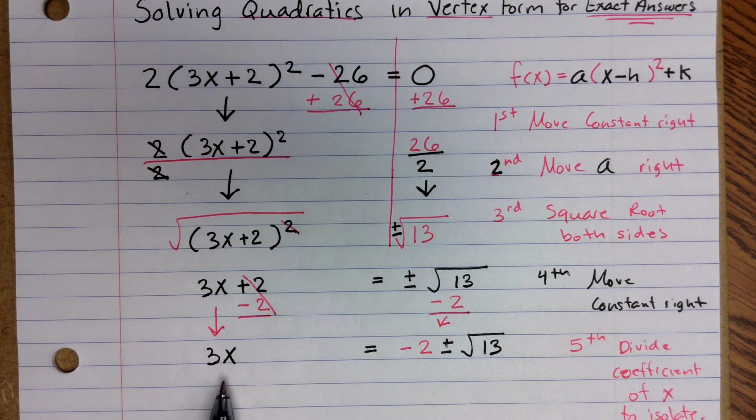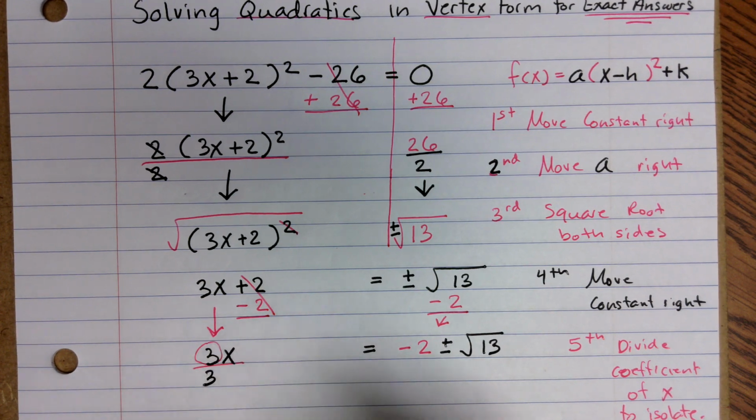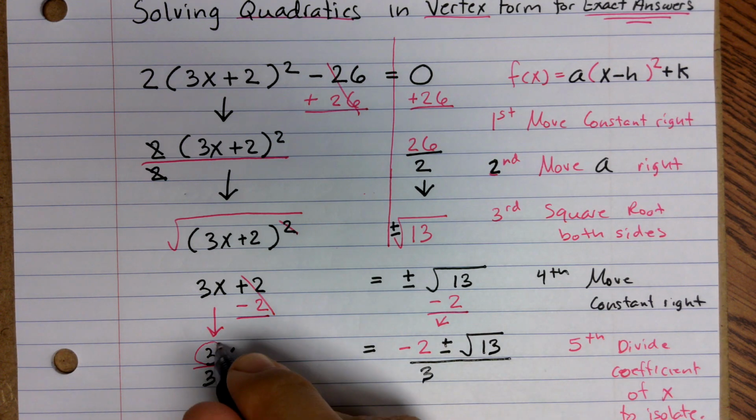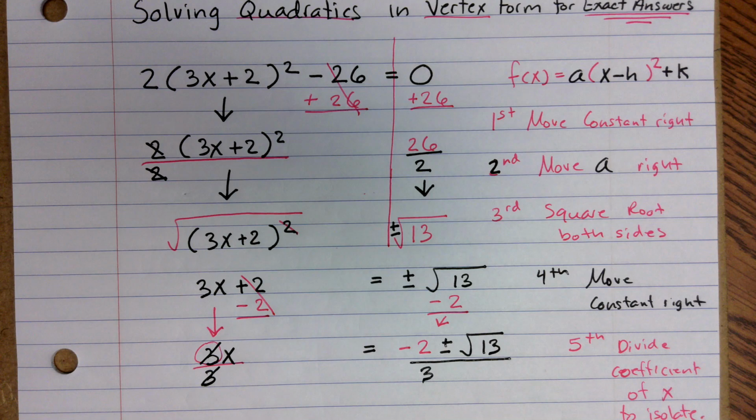So I'm going to go over here, and I want to divide this coefficient of x out, that 3 there. So I'm going to divide by 3. And notice if I divide on the left side, I've got to divide on the right side. Now 3 goes into 3 one time, and that simply leaves me with a single x.